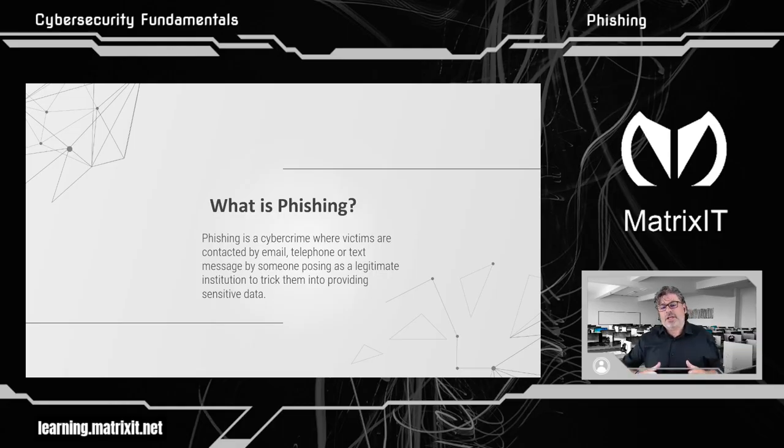So phishing generally is sending out massive amounts of general emails with links in them, attachments, trying to get people to interact with them. If I was a cyber criminal trying to get into your organization, what I would do is set up a very general email and blast your organization with it.